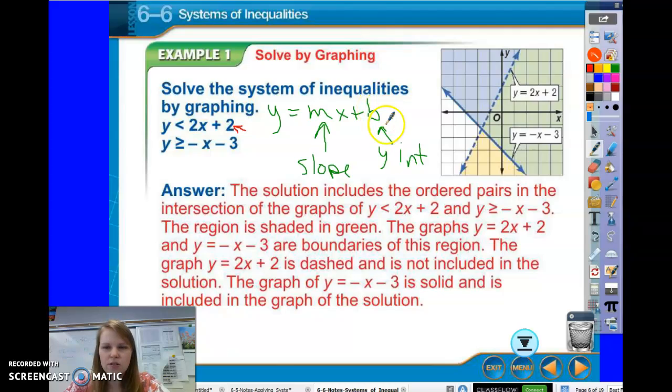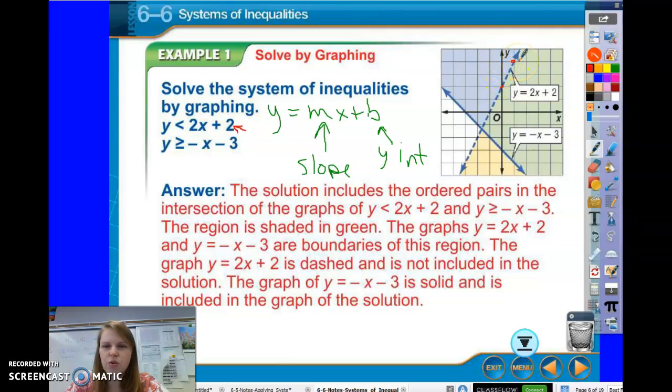So that's our y-intercept. We would start at our origin and go up 2. That's our point. Then our slope is 2, so from here we go up 2 over 1, because 2 is the same as 2 over 1. That's our second point. It's positive, so we know it was up 2, right 1.